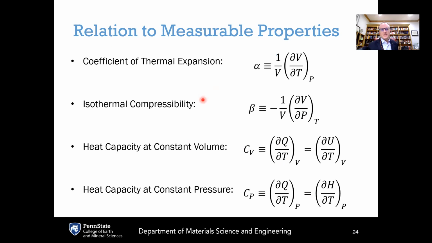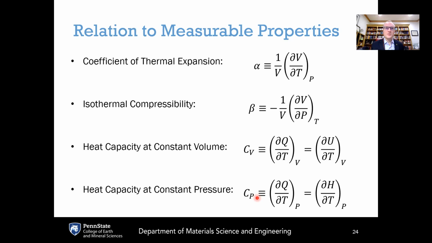Now, why are we doing all of this? If you're working as an industrial scientist and you're developing some new material, the customer will never come to you and tell you, I need a material that has an enthalpy of this or an entropy of this. No, we're studying this because all of these fundamental quantities, the entropy, the enthalpy, the free energy, tell us what the thermodynamic properties are, the physical properties that people care about for a practical use of the product, whether it is a thermal expansion coefficient, which gets back to how the volume is changing with temperature at constant pressure, the isothermal compressibility, the heat capacity under constant volume or pressure conditions.